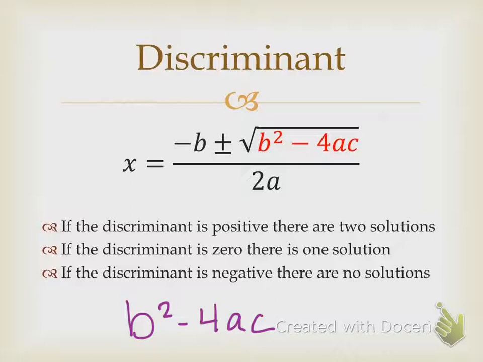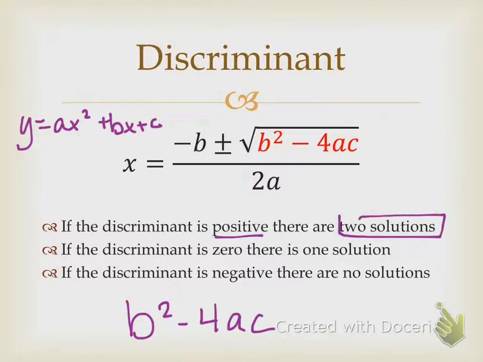Okay? What we know is if I have a regular equation that's in standard form, which is y equals ax squared plus bx plus c, I can use a, b, and c, plug it into the discriminant. If my answer is a positive number, there are 2 solutions. If my answer is 0, there is 1 solution.